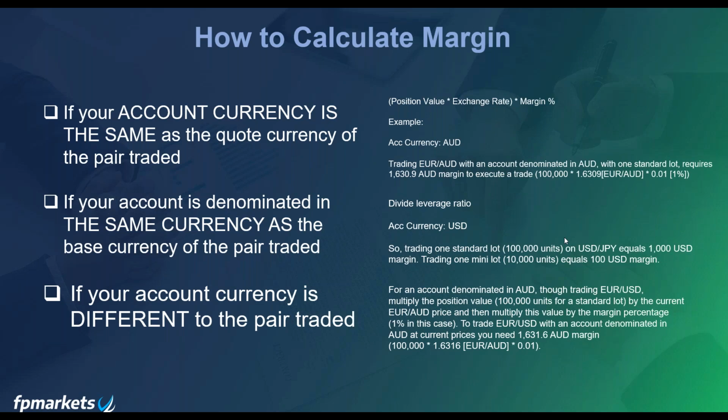Let's say 63.16, and then multiply this value by the margin percentage, 1% in this case. So to trade euro dollar with an account denominated in Aussie dollar at the current price, you would need 1,631 Aussie dollars margin, or 100,000 multiplied by 63.16, again multiplied by 0.01 or 1%.